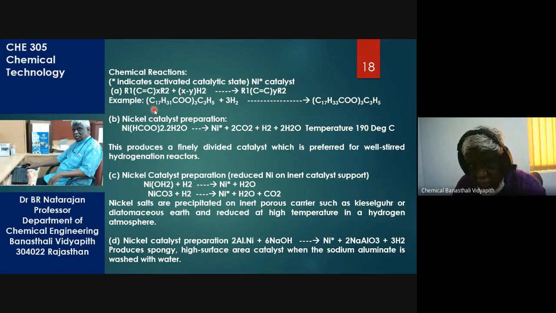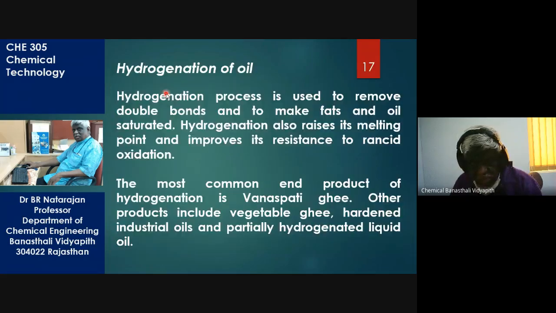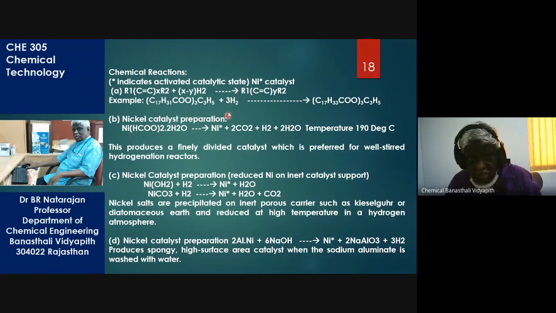You see this example, C17H31COO 3 times C3H5 plus 3 hydrogen. So you form C17, carbon remains, H31, 2 hydrogen gets added, becomes H33, COO remains intact, 3 times, C3H5 remains intact.